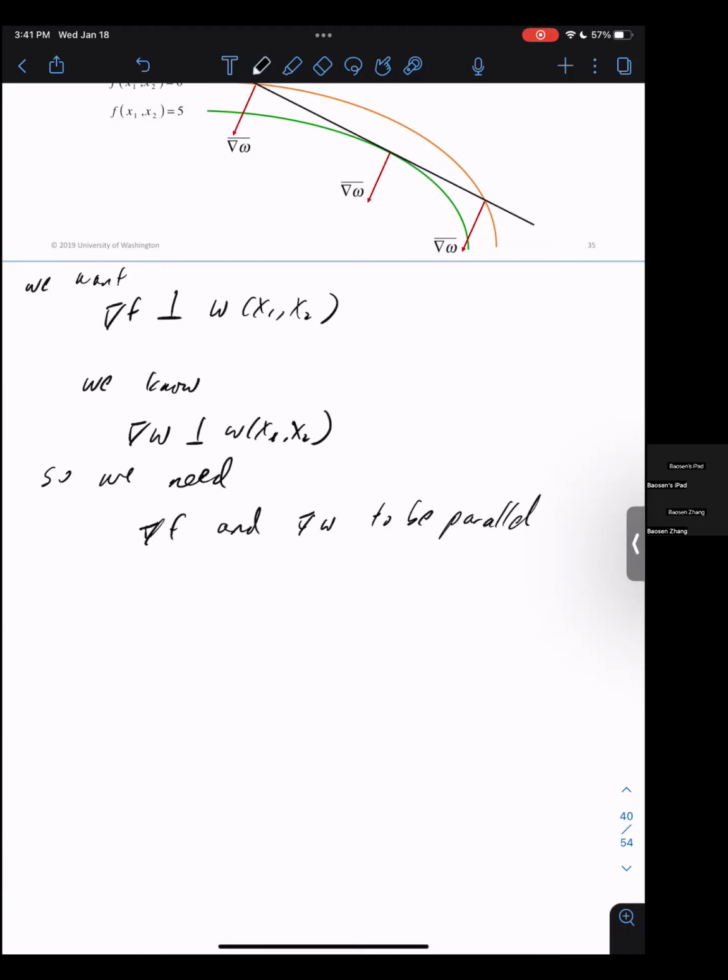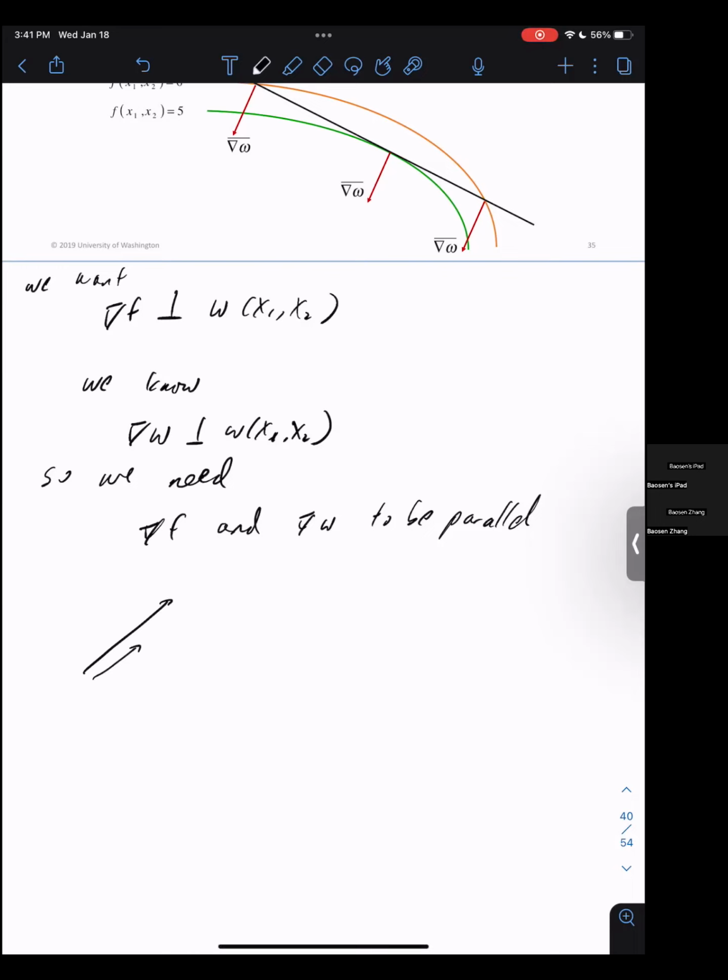How do you check if two vectors are parallel to each other? Two vectors are parallel if one is a scalar multiple of the other. What does parallel mean? It means that they go in the same direction. The length may be different. These two, for example, are perfectly parallel with each other.